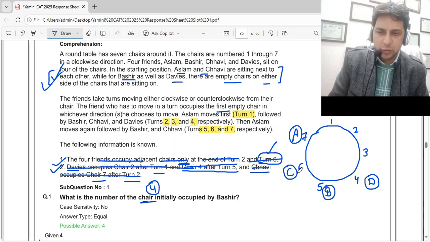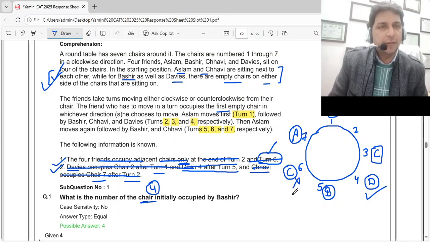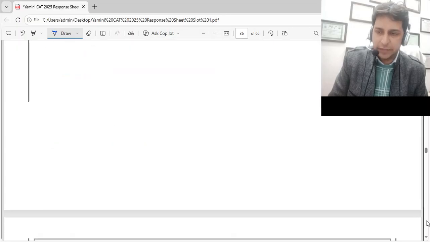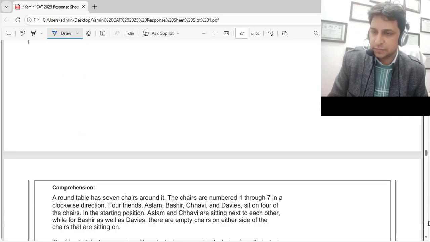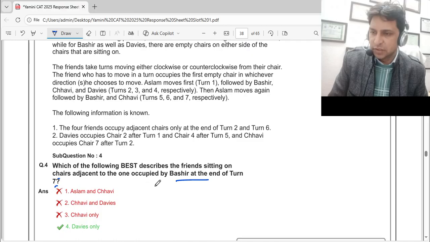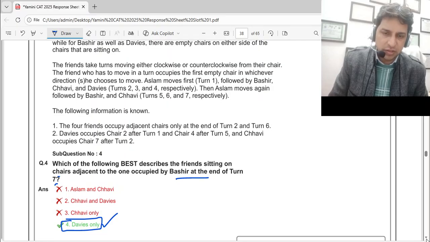Now C moves from here either to 1 or to 3. In any case, along with Bashir, we only have D. We will not have anybody here. So you're going to have only one neighbor. So Bashir at the end has only one neighbor and that is D. So that solves the complete puzzle.